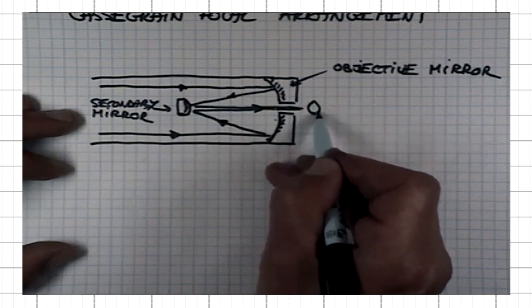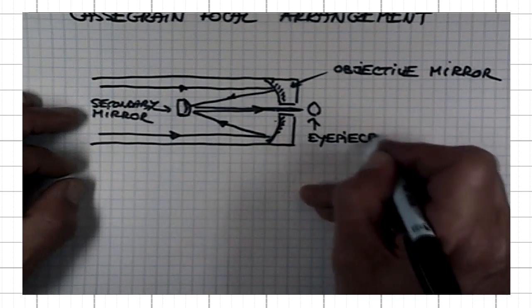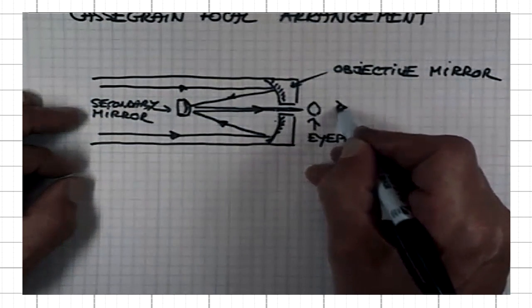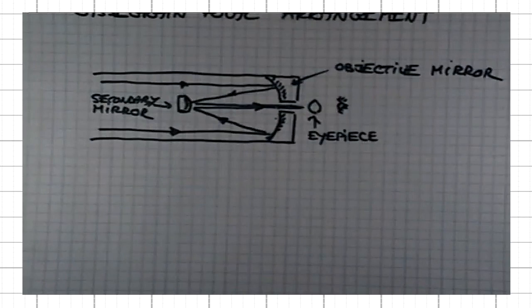And then the eyepiece is located here, and the viewing is done behind the objective mirror.